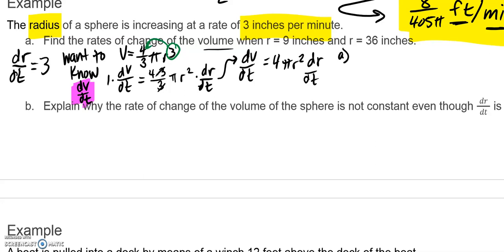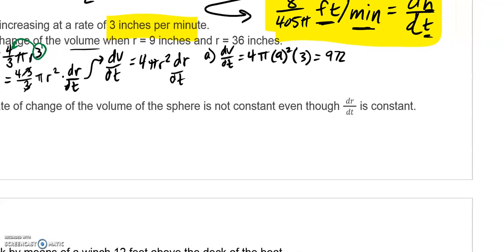So in A, dV/dt is 4 pi times 9 squared times 3, which gives us 972 pi. So that's 972 pi cubic inches per minute.